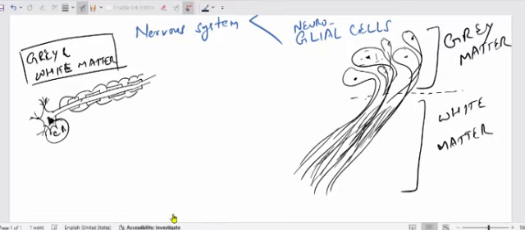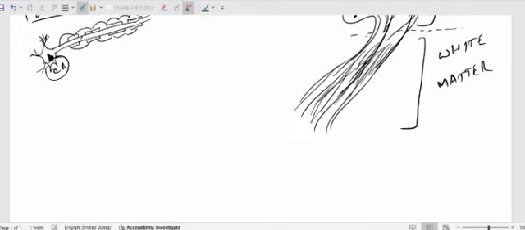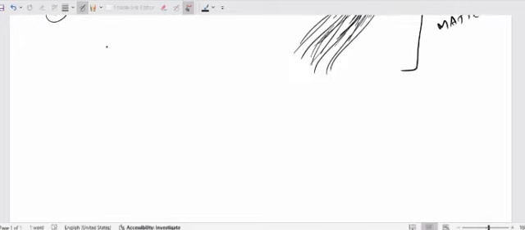Yes, sir. Okay, now the whole CNS we will divide into gray and white matter for your normal understanding. We will go to the PNS part later. First let us see the CNS, that is the central nervous system.